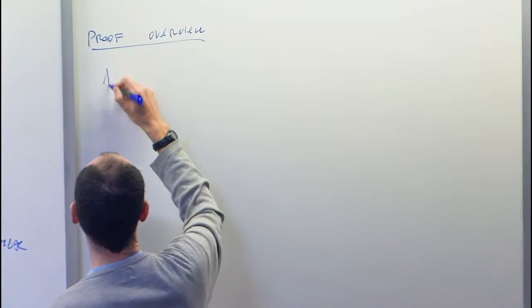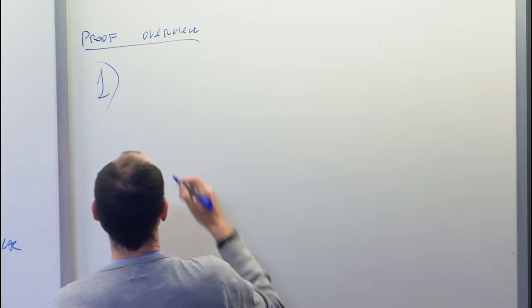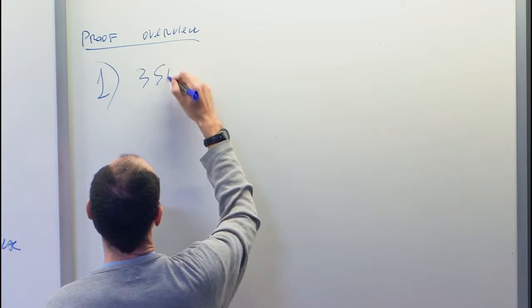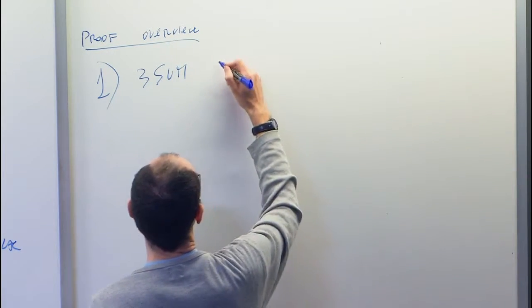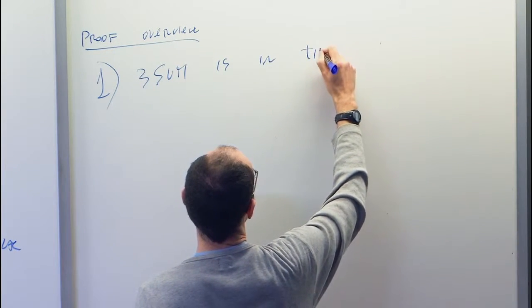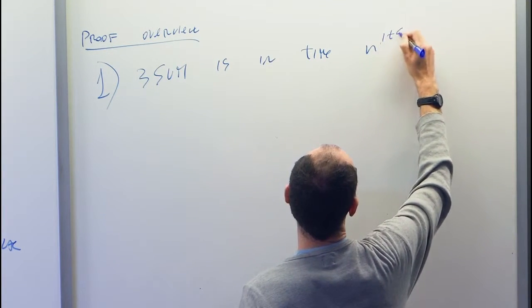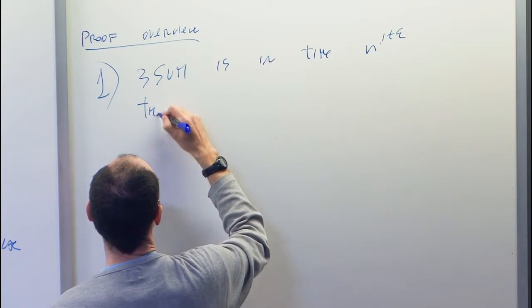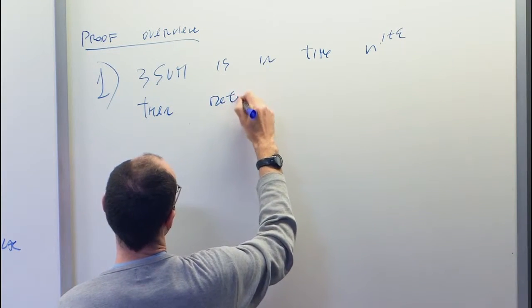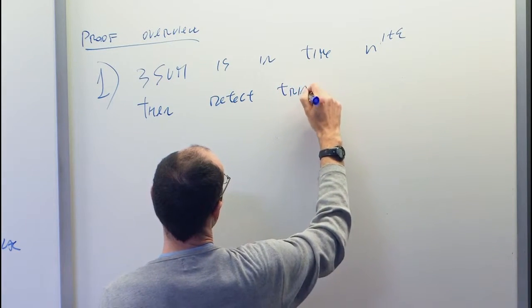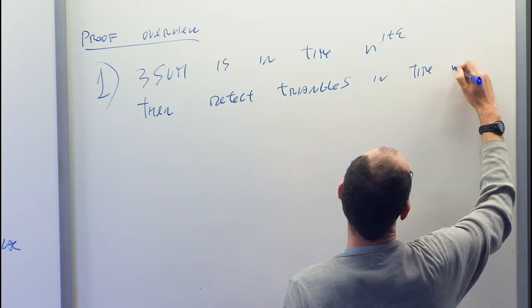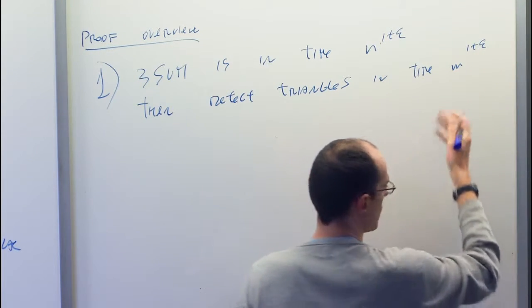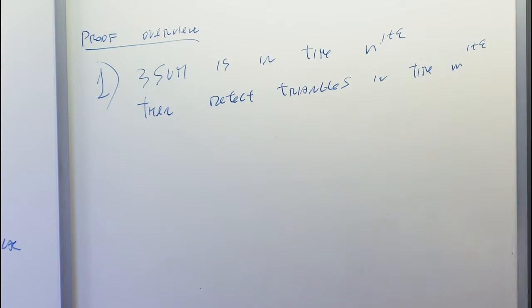The first step is to show that if 3 sum is in time n to the 1 plus epsilon, then you can detect triangles in time m to the 1 plus epsilon. Again, I'm adding here a big O. And this reduction is fairly easy.